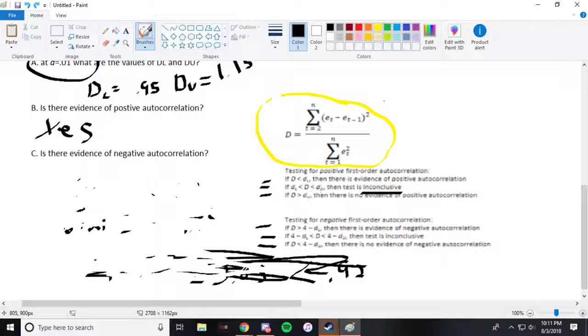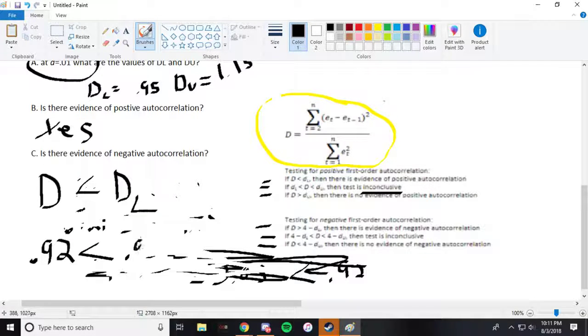To test, if D is less than our DL, and if we plug these numbers in, so if 0.921 is less than 0.95, which it is, then there is evidence of positive autocorrelation. So we want to go ahead and put in yes.